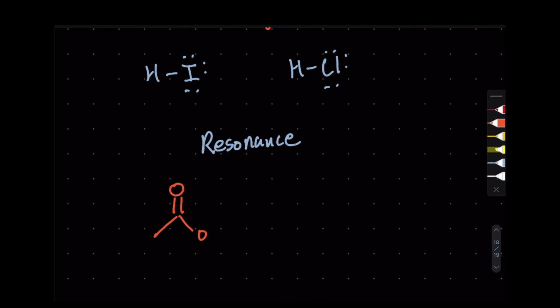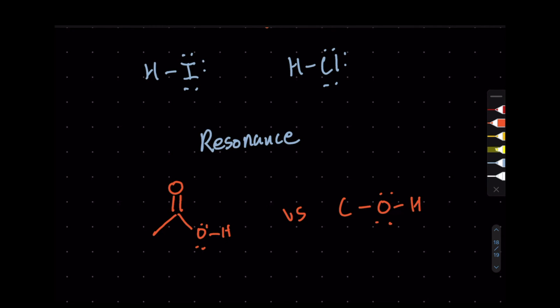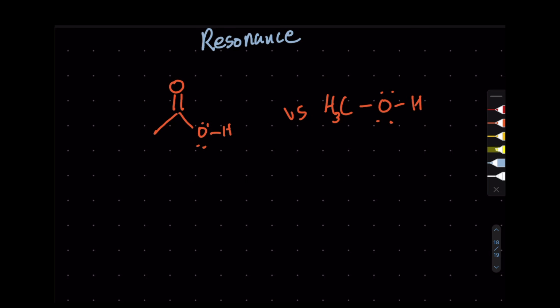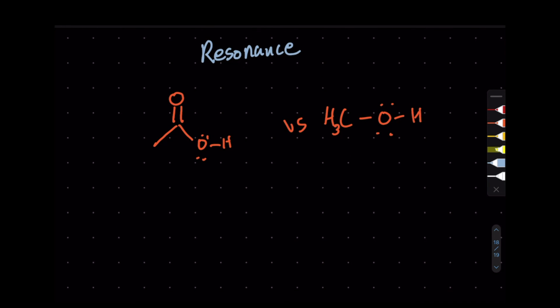So when we're comparing two molecules, a carboxylic acid versus an alcohol group, why resonance comes into play is we look at the conjugate base of each molecule.